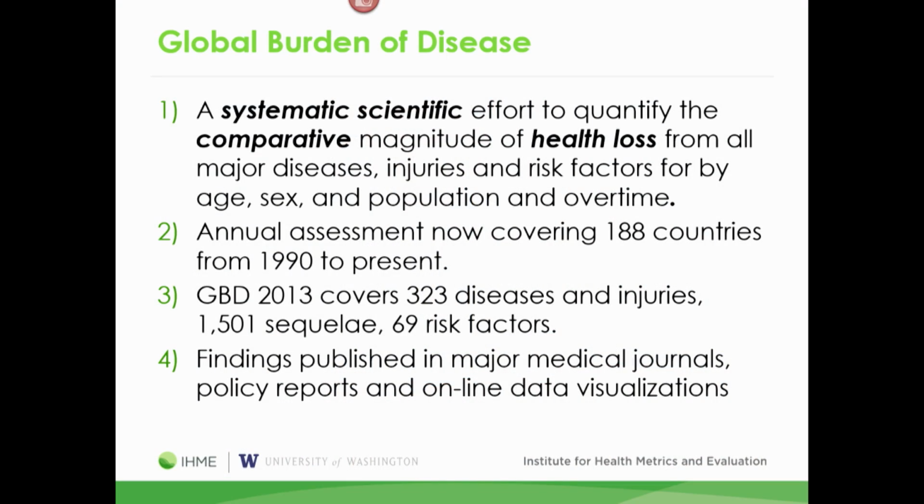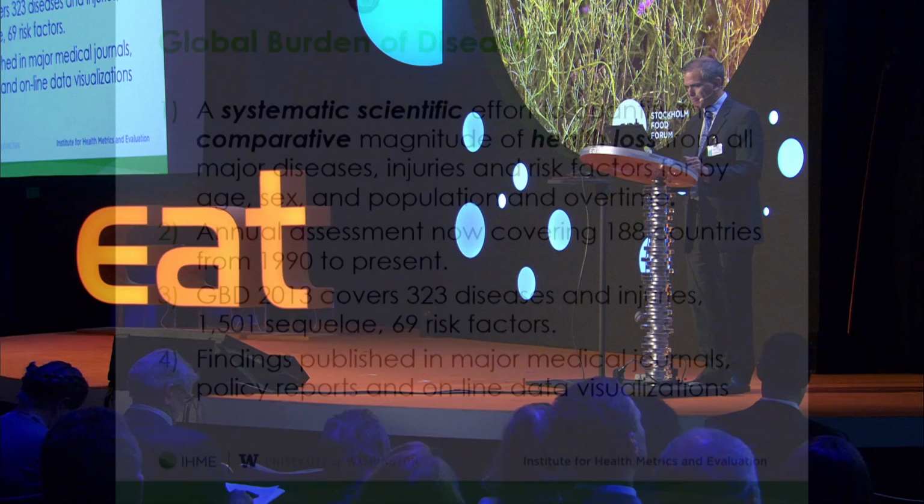So what I'm going to make use of is work not that I do, but that our institute is the coordinating center for a very large consortium of researchers. Our goal is to scientifically quantify health around the world, its determinants, to do this over time and to do this at the country level. For 188 countries, we cover the period since 1990 as much as we can, and we cover literally thousands of different health outcomes.